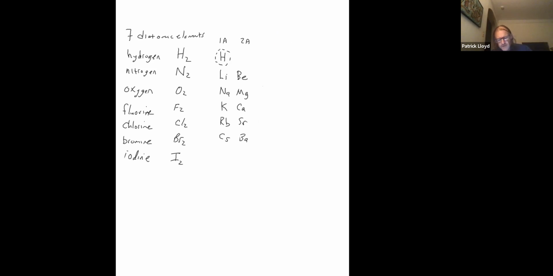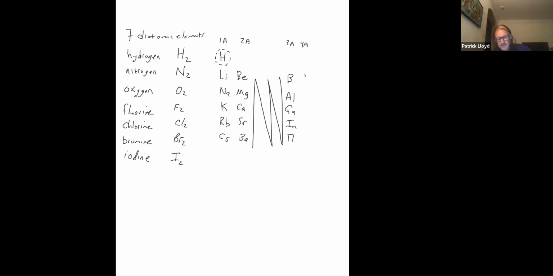Then all the way over on the right side of the periodic table, there's a big empty space there. 3A would be boron and aluminum and gallium, indium, and thallium. Okay, don't have to worry about those for this issue.